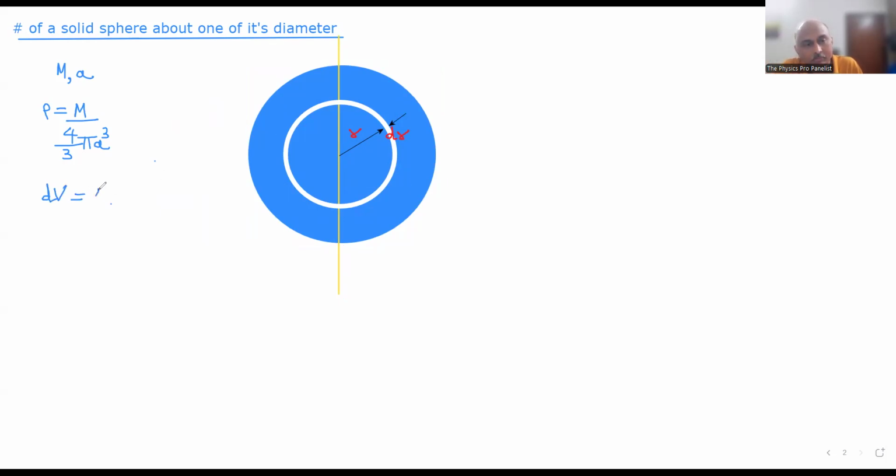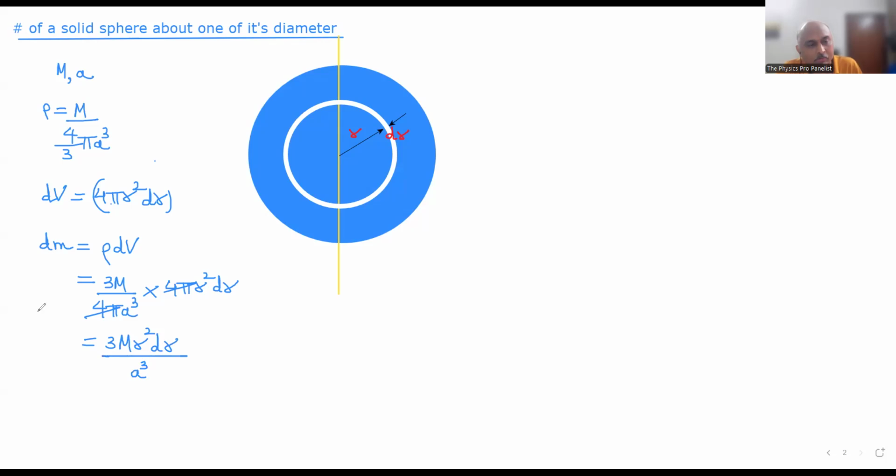It will be 4 pi r square dr. This is dV. What about its mass? It's rho into dV, which is 3M upon 4 pi a cube into 4 pi r square dr. This cancels out, so we have 3M r square dr upon a cube.